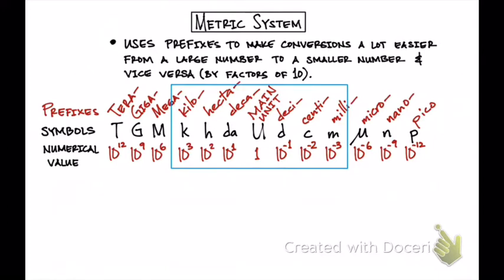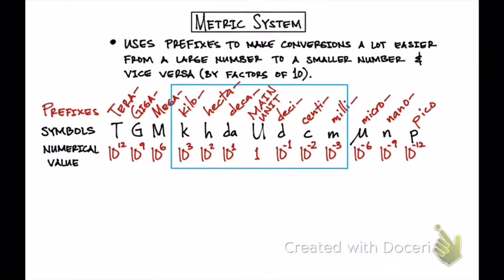So the importance of this is the fact that you can convert from one small unit to a large unit and vice versa, from large to small, right? So let's say I have 1 meter, right? 1 meter or 1 liter. Let's go with meter, 1 meter. And if you put a k there in front of the meter, let's say 1 km, that 1 km or 1 kilometer is equivalent to 1 times 10 to the third power meter.